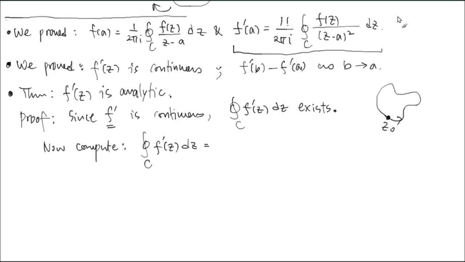Think about that problem we just looked at here. This one was a problem, and its antiderivative is not defined everywhere outside A. It has a branch cut. But this one doesn't have a branch cut. Why does it not have a branch cut? Its antiderivative is f of z, and f of z is analytic, right? f of z is it.